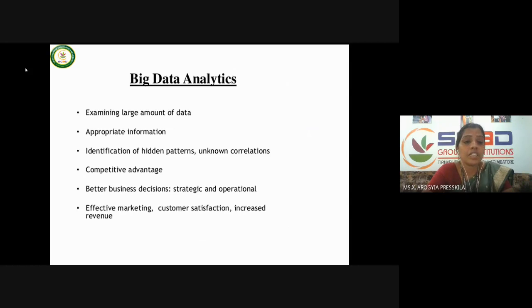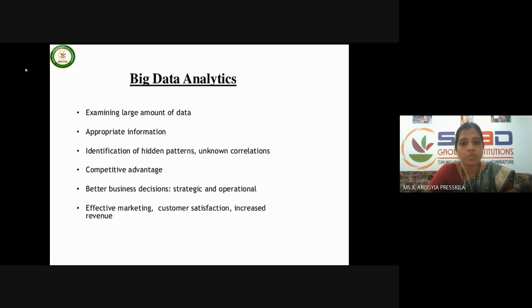So what are the advantages? When you want to start a new business, you need some information. From where do you get the information? You get it from the data only, from big data.